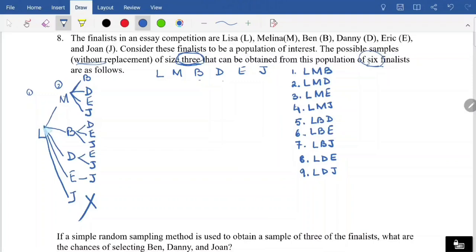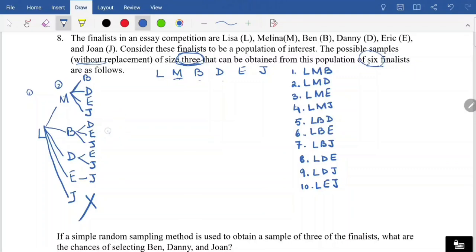And then the final one is LEJ. Okay, LEJ. So 10. So now we have to start a tree with M. We've done all combinations that will have L in it. Now we start with M.